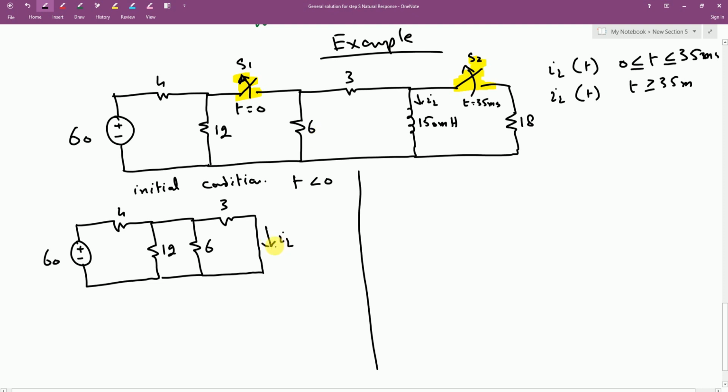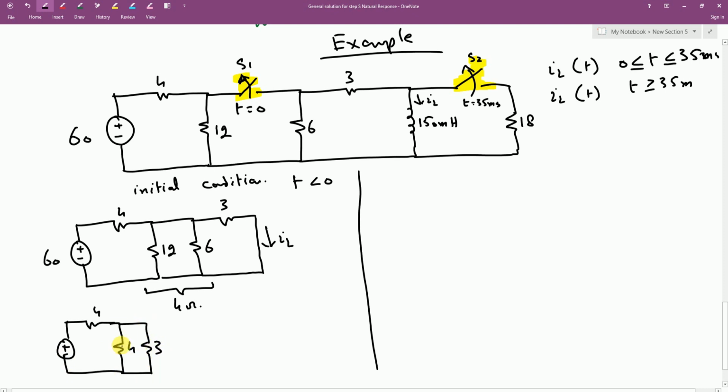To find out this IL, we need to do some mathematical manipulation. Here you can see that this 12 ohm resistance and this 6 ohm resistance both come in parallel with each other, and their equivalent resistance comes out to be equal to 4 ohm, right? So with this 4 ohm equivalent resistance, the overall circuit looks like this 4, and here we have this 3 ohm resistance.